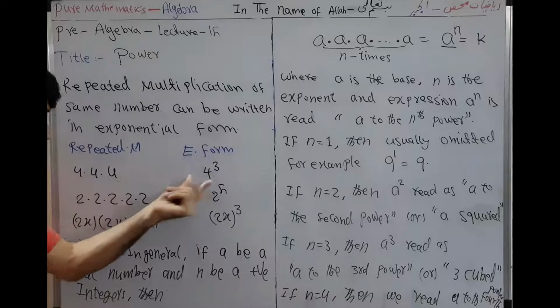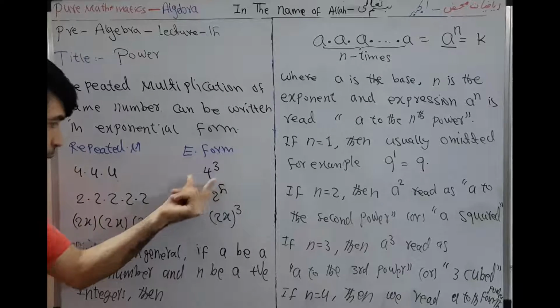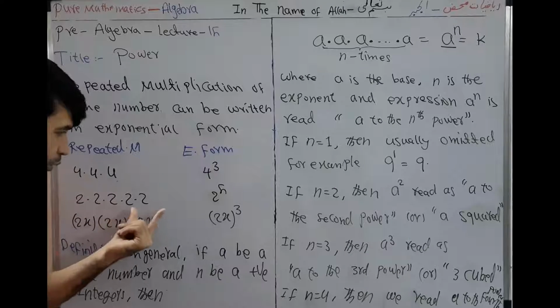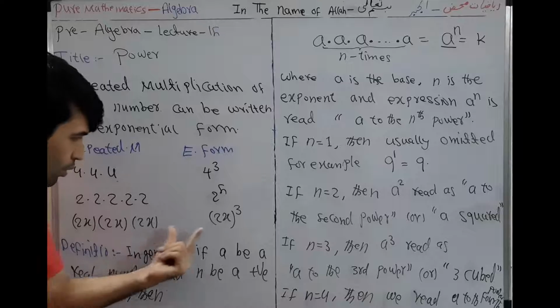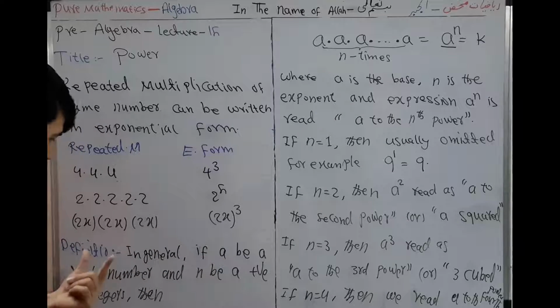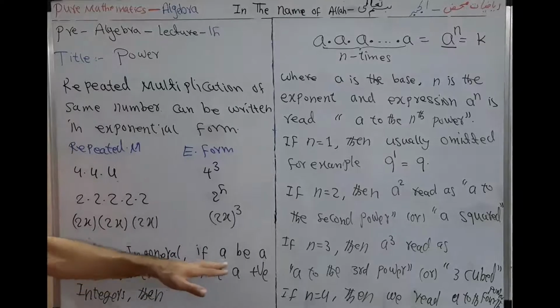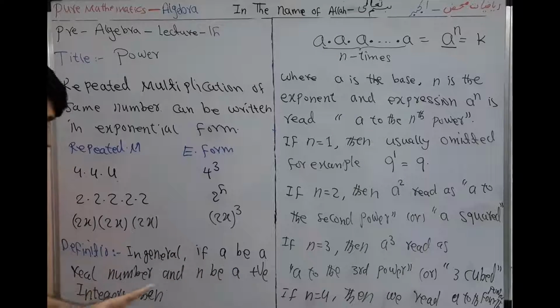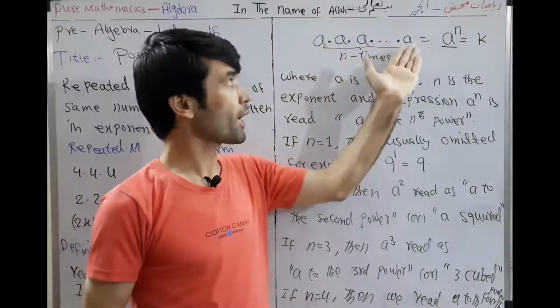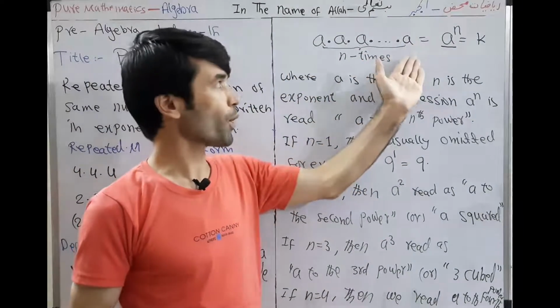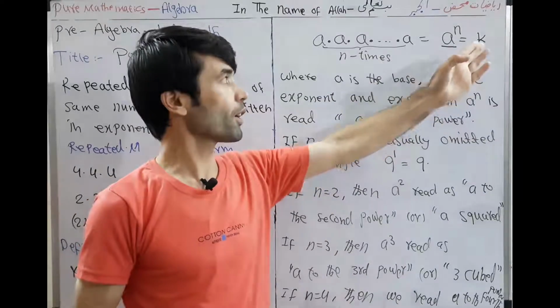Here 3 times, we can write 4 to the power 3, also 2 five times to the power 5, and 2x in 3 times we can write 2x all to the power 3. In general, if a is a real number and n is a positive integer, then a multiplied by a multiplied by a and so on, n times, is equal to a to the power n.